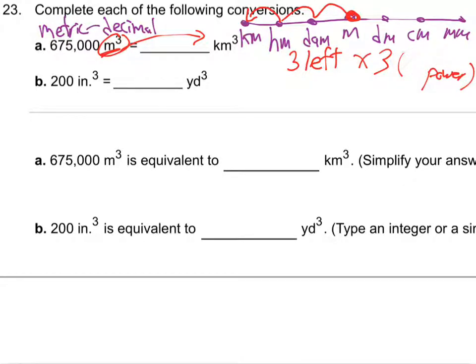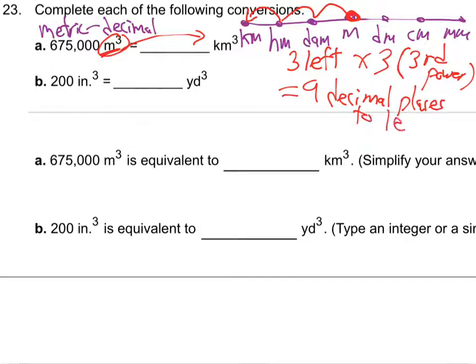If it's second power, you multiply by 2. So because it's third power, times 3 equals 9 decimal places to the left. That's a lot. So we need to move the decimal 9 places to the left. Because on the metric chart, from meters back to kilometers was 3 jumps left, times 3 because everything's third power. So 9 decimal places to the left.